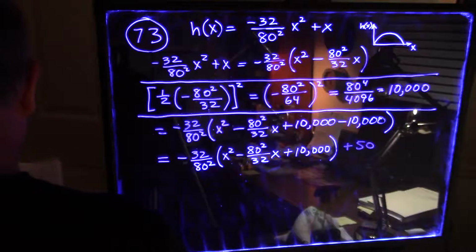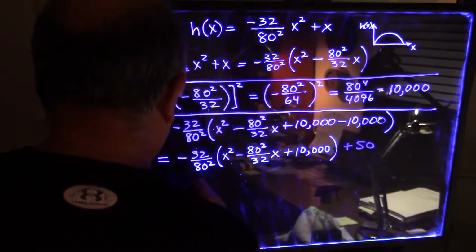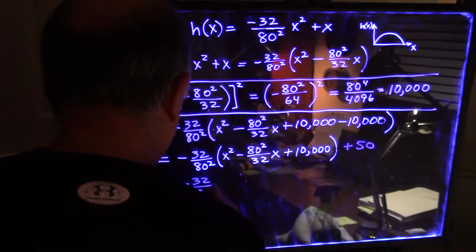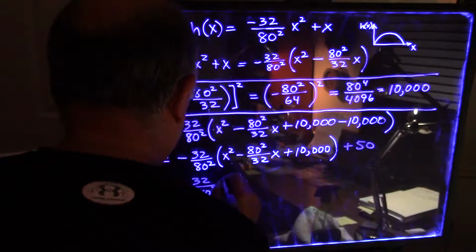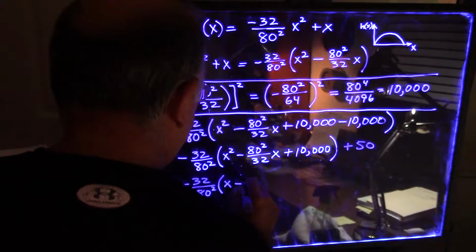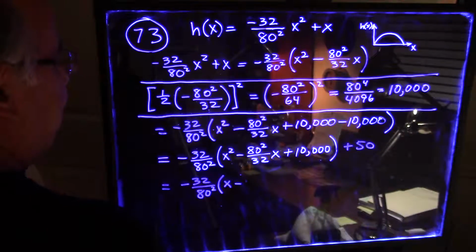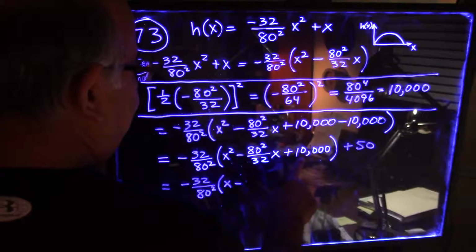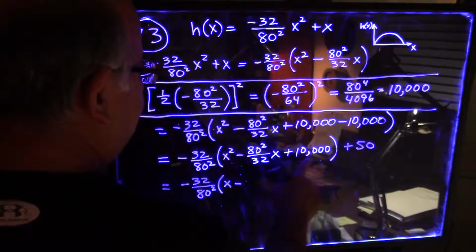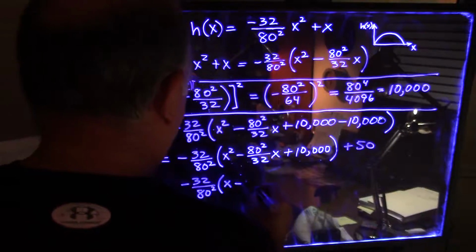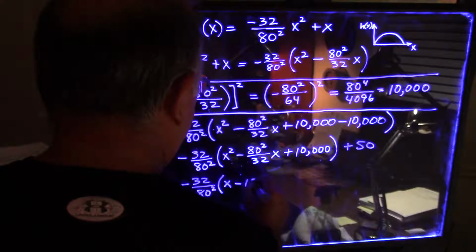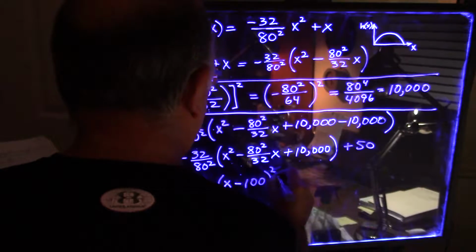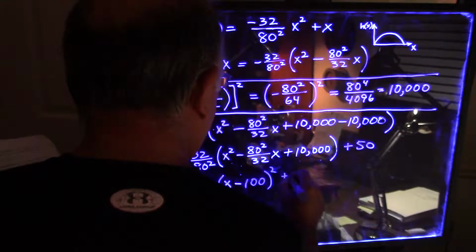So that's negative 32 over 80 squared, and then you've got x. This is a perfect square trinomial in the parentheses. You've got x minus the square root of 10,000, which is 100. So x minus 100 squared plus 50.